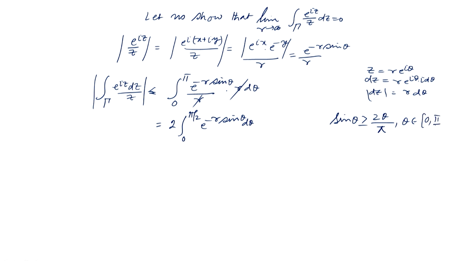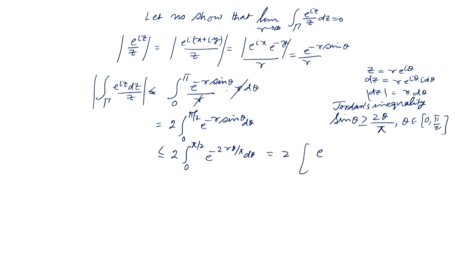It is called Jordan's inequality. It is very easy to prove. We can prove it by calculus. So, this is now less than or equal to 2 times the integral 0 to pi by 2 of e to the power minus 2 r theta over pi d theta.